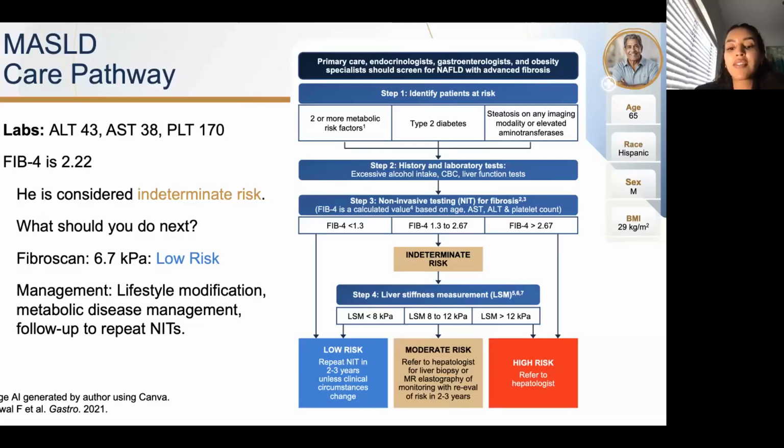Now, if he were to have a higher kilopascal score, then we may want to consider sending him to a hepatologist for further workup, especially if the kilopascal score is greater than 12. That is concerning for cirrhosis, and we want to make sure that we are managing the cirrhosis.